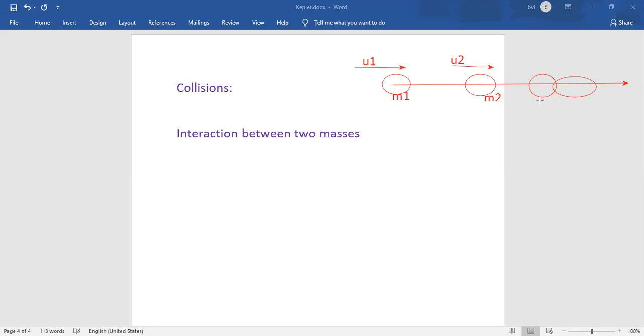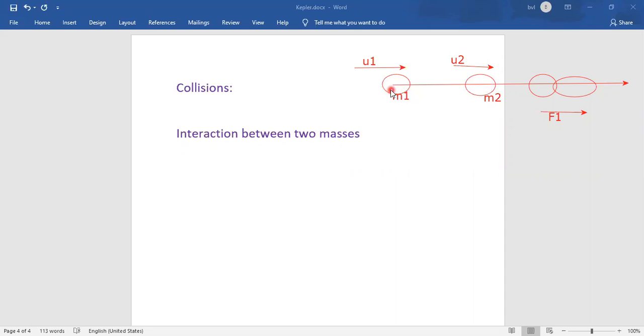This is the first mass. So m1 applies a force on m2, and F1 is the force applied by the first mass. You can take two marbles or two coins moving in the same direction or in opposite directions. This is the first one, and this is the second one.